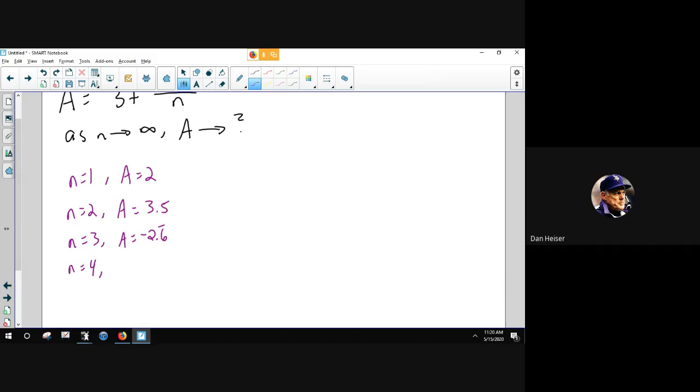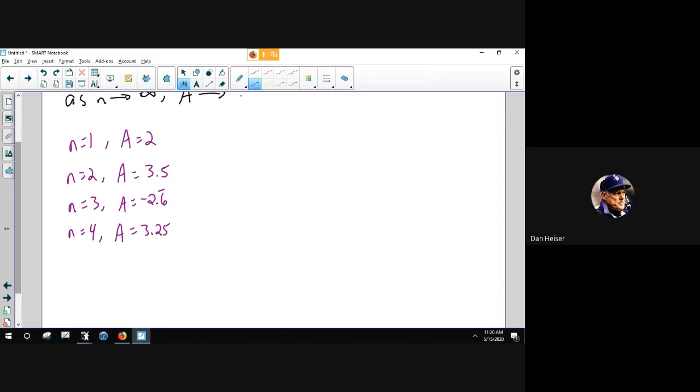n equals 4. We get 1, because it's -1 to the 4th, an even power, positive value, 1 over 4, so 3 plus 1/4 is 3.25.